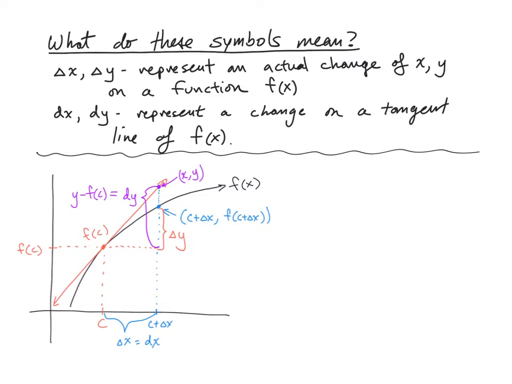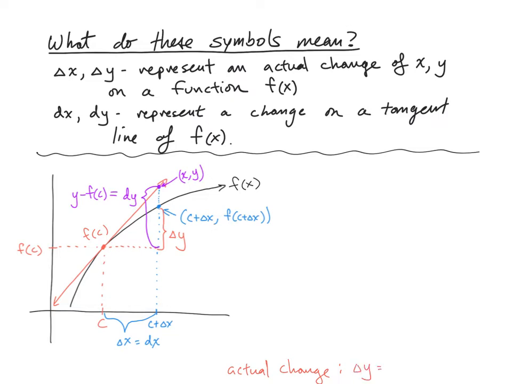So you can see now the vertical change between f of c and f of c plus delta x, I'm going to call delta y. And I'm going to put that way down here at the bottom. Delta y, this is the actual change, the actual vertical change.